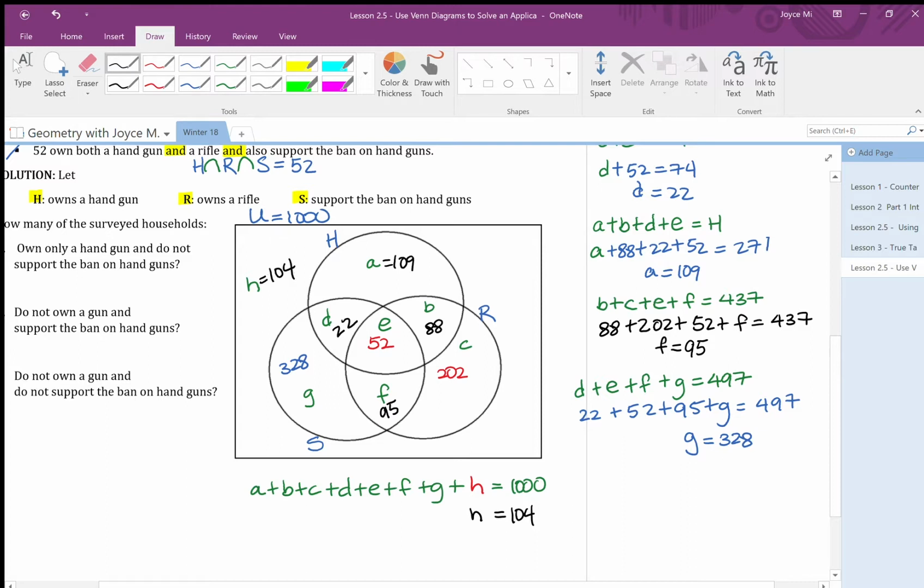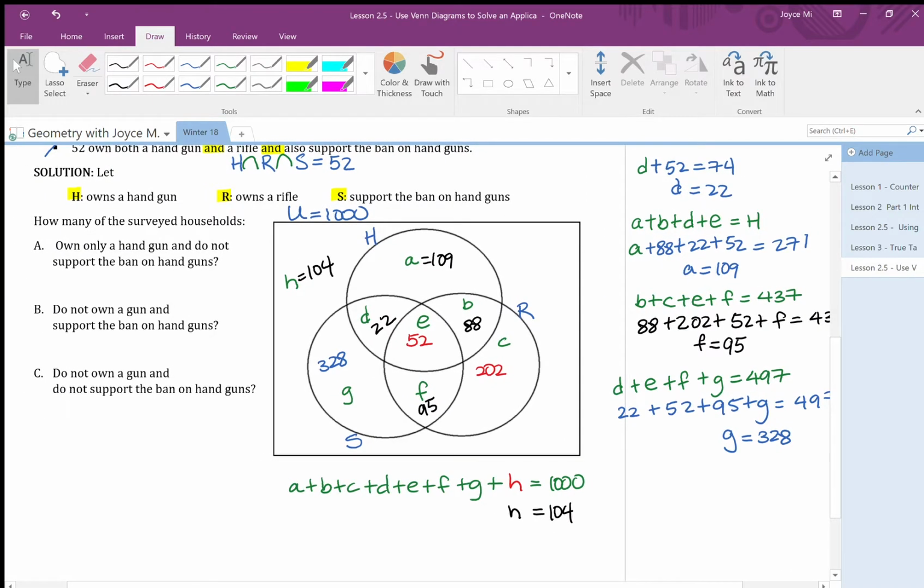Okay, now we complete the Venn diagram. Let's look at the question that it asked. So we can answer the questions on here. Let's do one at a time. A. How many households in the survey own only the handgun and do not support the ban on handgun? So I'm looking for households that own a handgun.